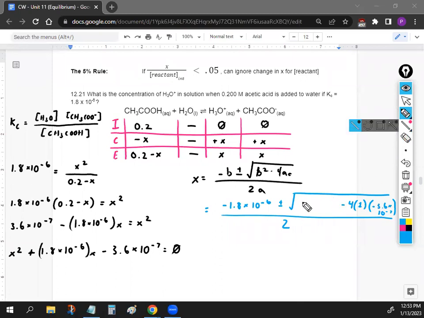Then we multiply, dang, it's a lot of math, 3.6 times 10 to the negative 7 times 4. Since it's a negative and a negative, we get a positive number, so it's plus 1.44 times 10 to the negative 6.